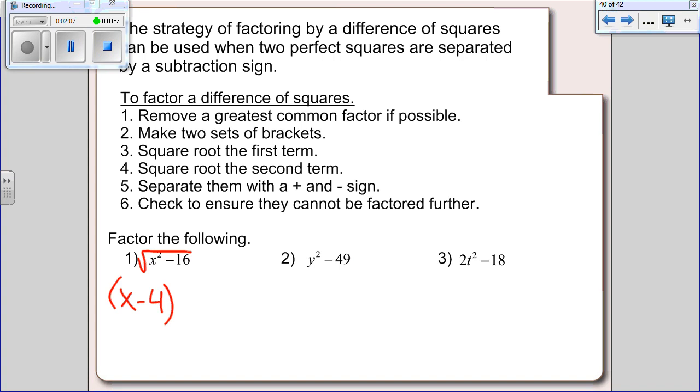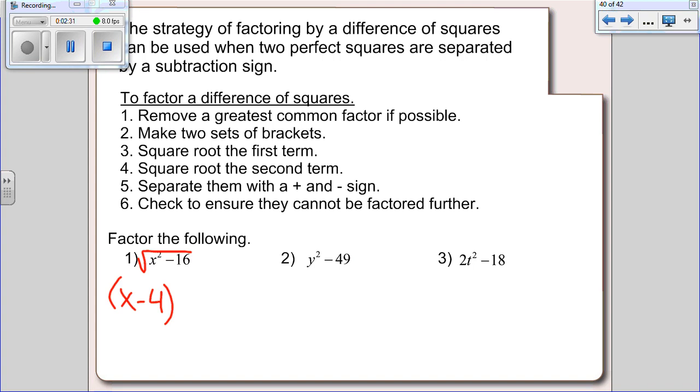When we factor, what do we always end up getting? We get two binomials, right? Remember the two sets of brackets, how we always have been doing that? It's no different for difference of squares. So you square root everything, you get x minus 4.